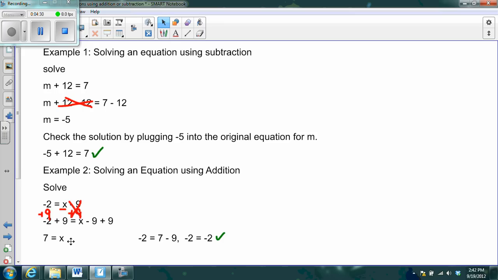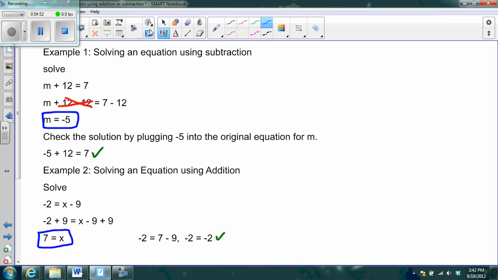So 7 equals x. We plug it back into the original, which let me erase it so we can see it. Now we have negative 2 equals 7 minus 9. That is equal to negative 2. So good, we are correct. We can go back and say, yes, this is our answer for each of these problems.